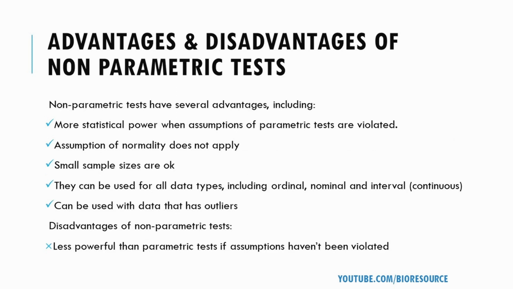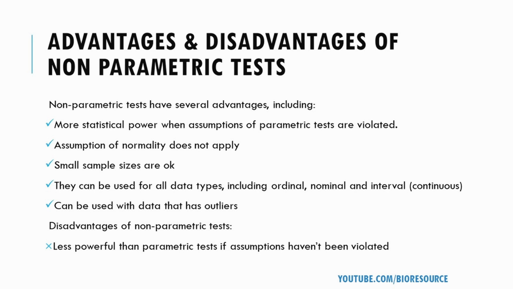Coming to the advantages and disadvantages of non-parametric tests, they have several advantages. They have more statistical power when the assumptions of parametric tests are violated, and the assumption of normality does not apply. Small samples are okay, whereas in parametric tests we require a large data set.